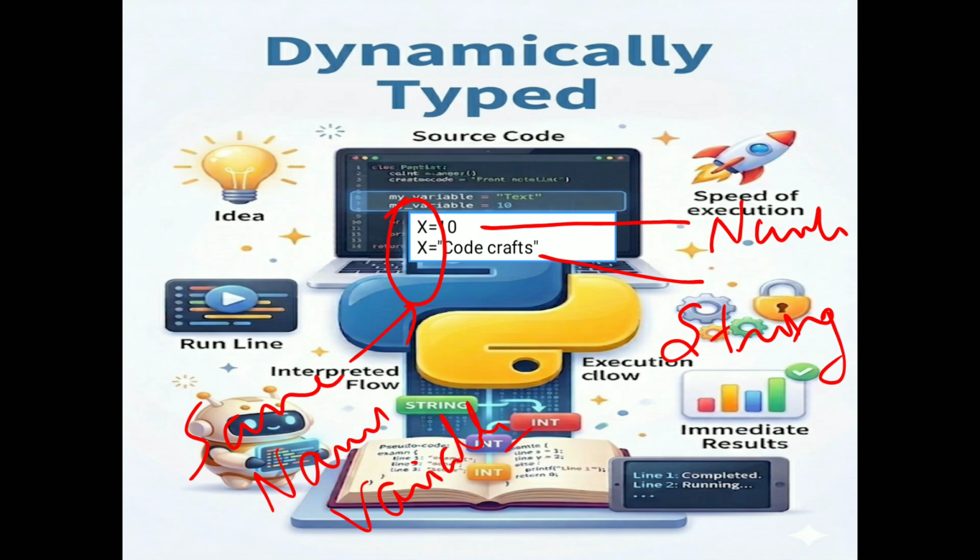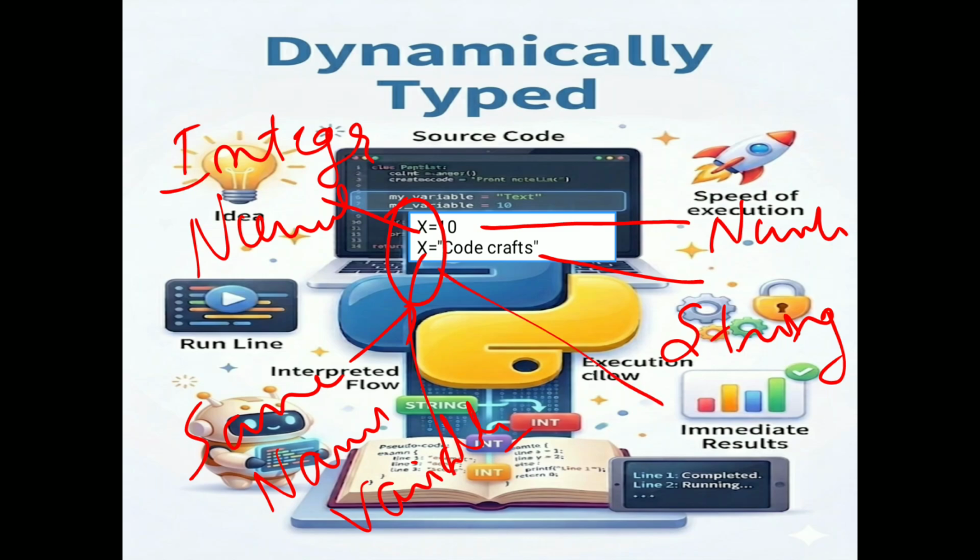First time x stores an integer or numeric value, and second time x stores a string value.